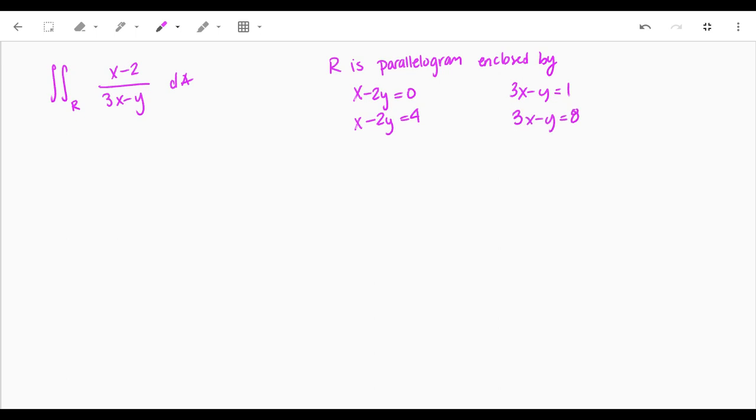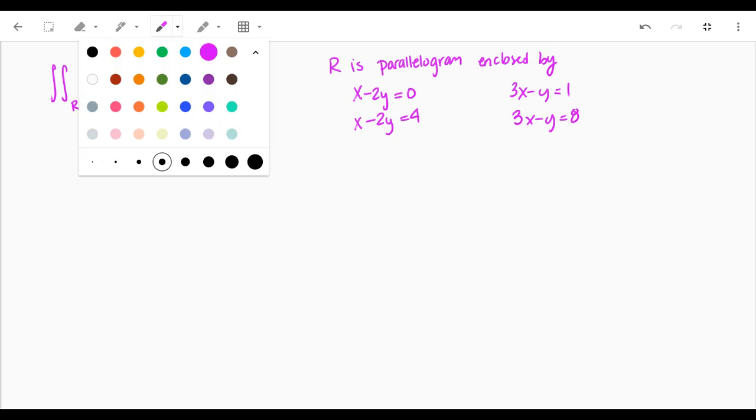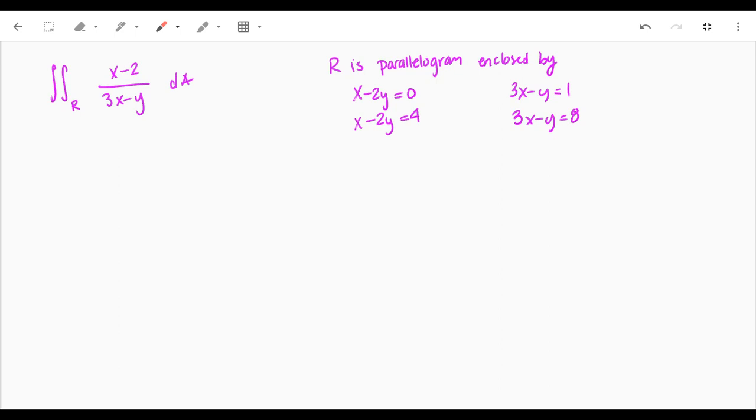So what I would do, and you should too probably, is say x minus 2y is u, and u is between 0 and 4. And 3x minus y is v, and v is between 1 and 8.